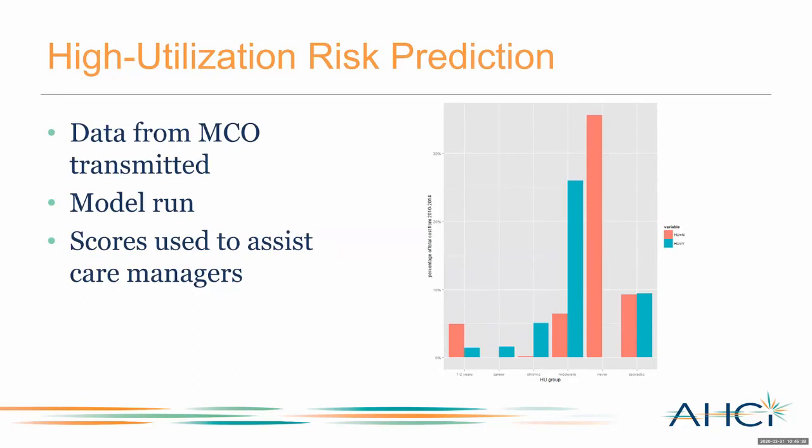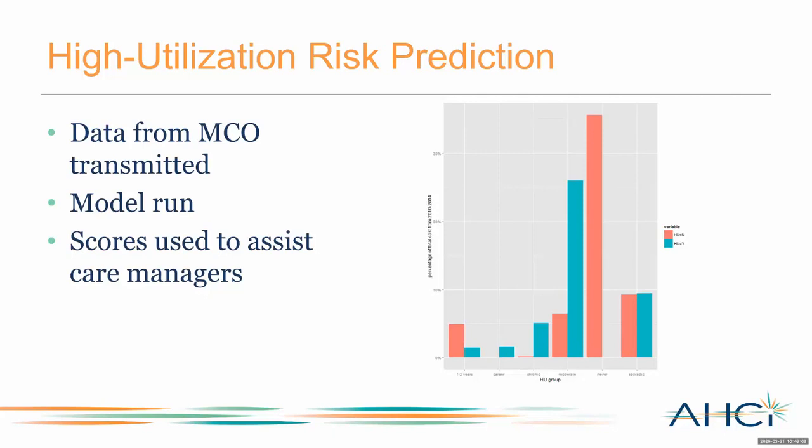Now, from a mathematical point of view, my thinking is all I have to do is beat that. So, given that it's not the same people every year, we thought we should be able to easily beat the idea of just paying attention to people who are high utilizers last year.